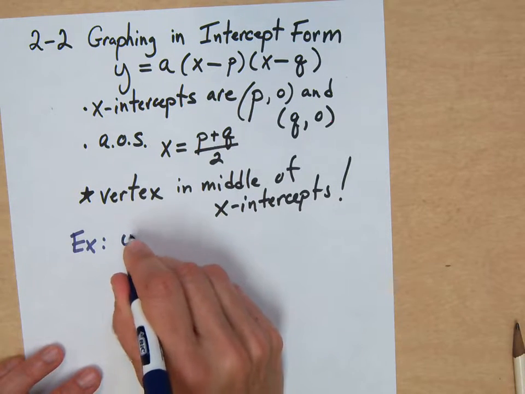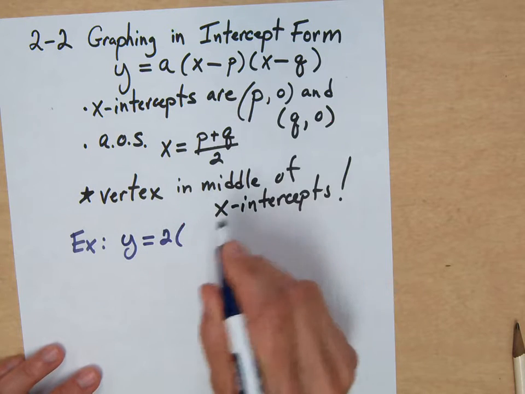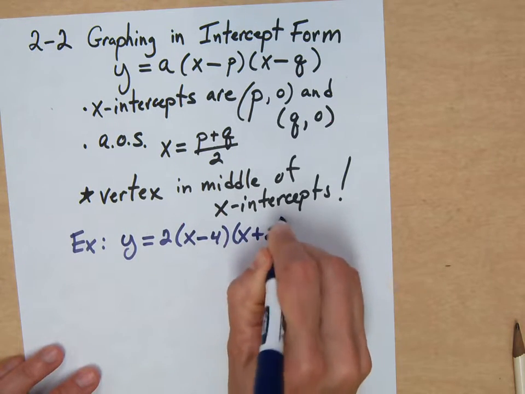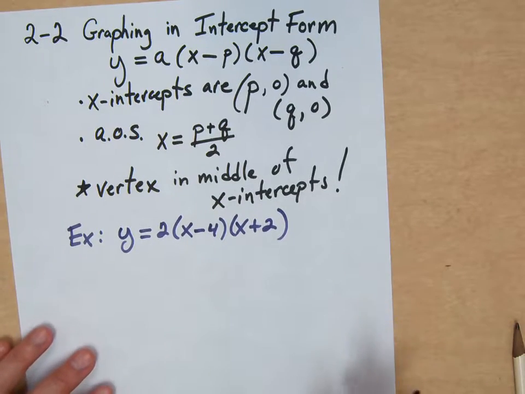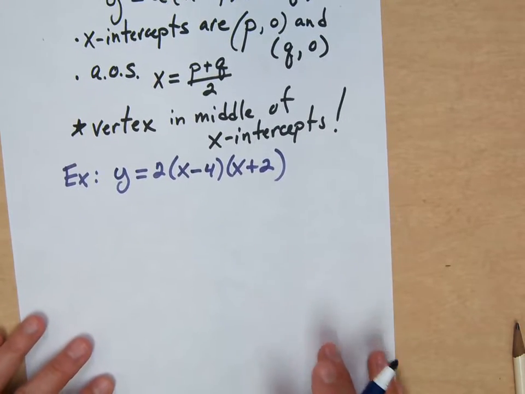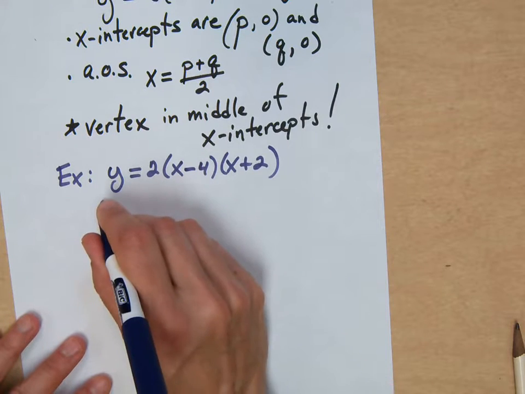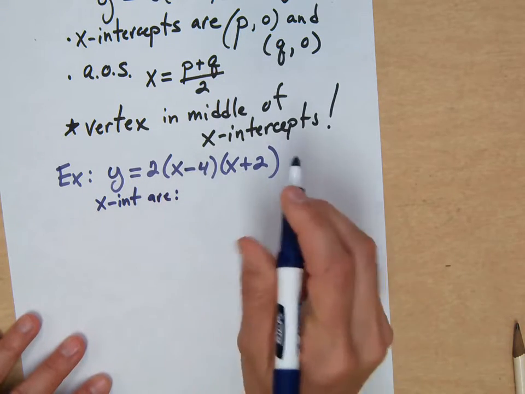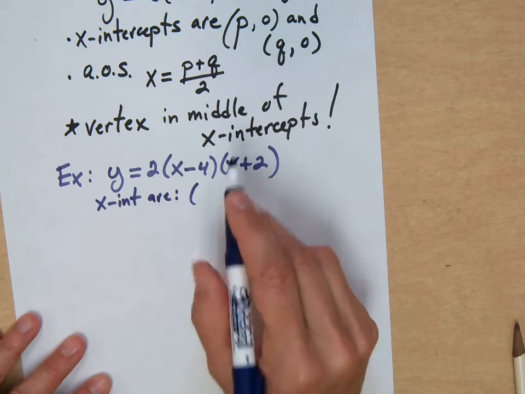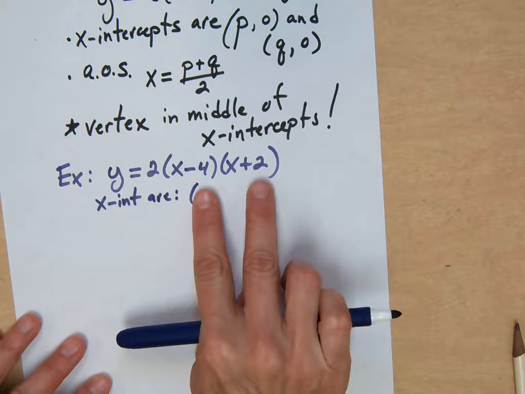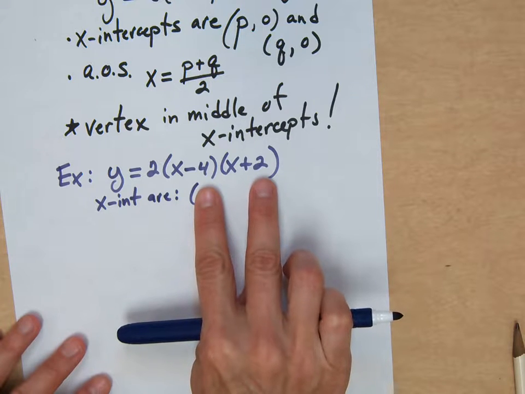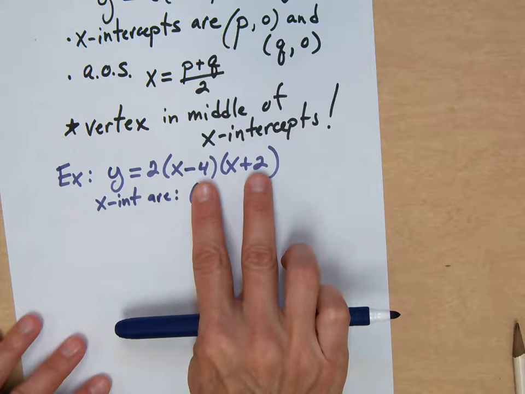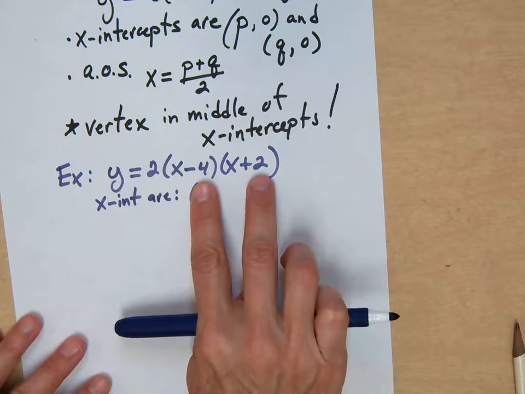So let's try this. y equals 2 times (x minus 4) times (x plus 2). Okay, so let's write down the relevant information and then we'll graph it. So the x-intercepts are: we need to do the opposite of what you see, so it's going to be positive 4 and negative 2.